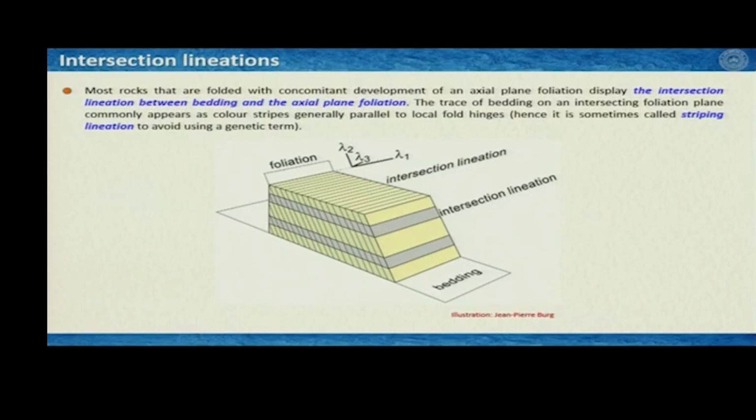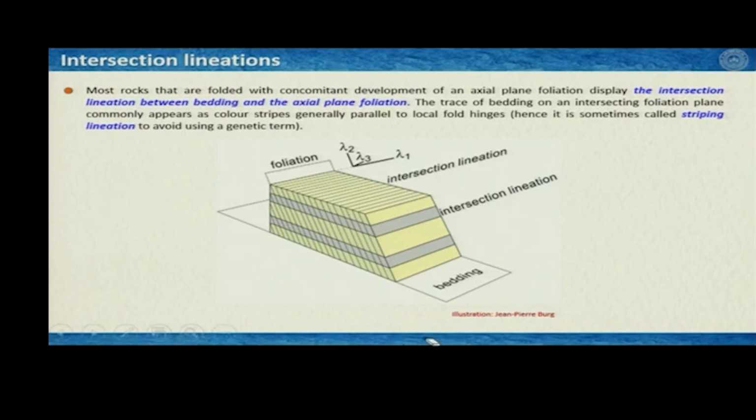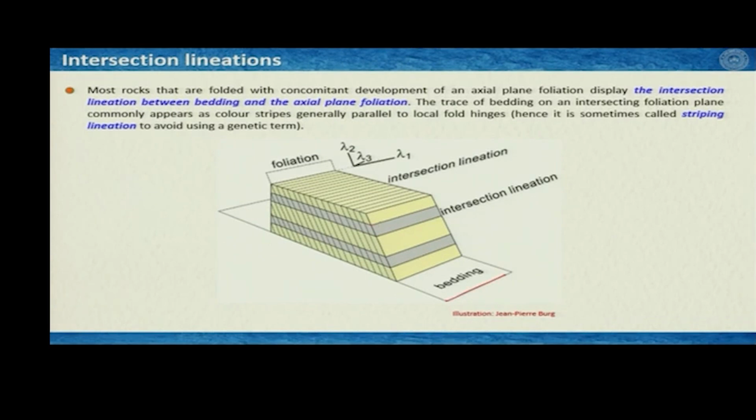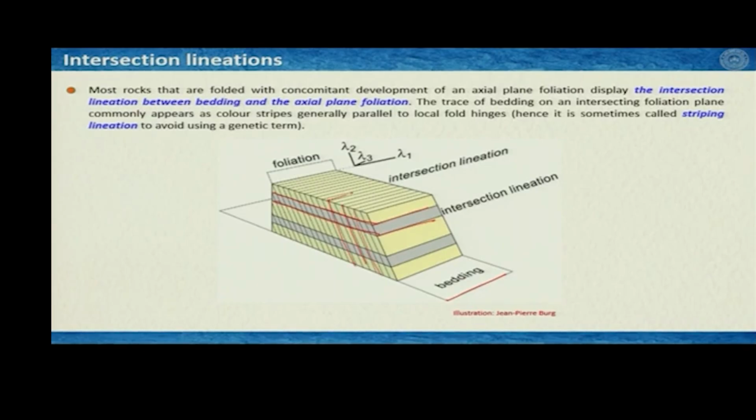The trace of the bedding on the intersecting foliation plane commonly appears as color stripes, generally called striping lineation, and this is something very interesting. What we see here is that these gray layers are your bedding planes, and the foliations are oriented like this. This is your foliation plane.